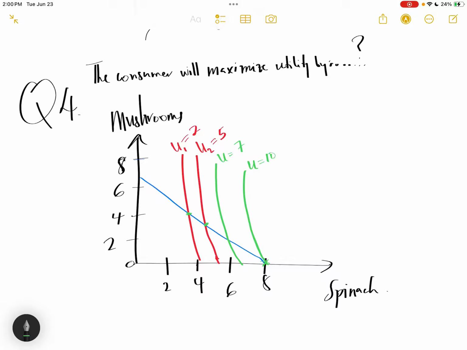Let's say U4 equal 10, and that indifference curve is tangent to the budget constraint at the corner where the consumer will maximize utility by consuming 8 units of spinach and 0 mushrooms.